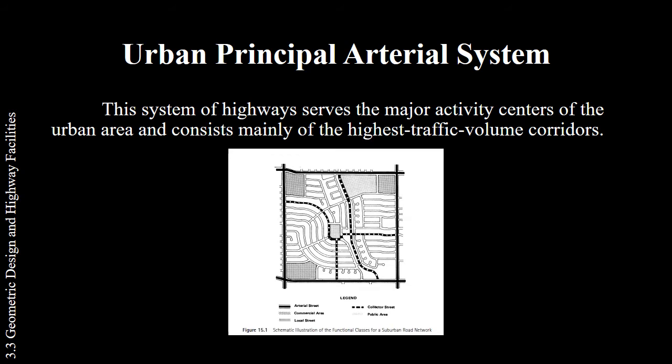This system of highways serves the major activity centers of the urban area and consists mainly of the highest traffic volume corridors. As you can see in the picture, the legend is the following: Arterial Street, Commercial Area, Local Street, Collector Street, and Public Area.